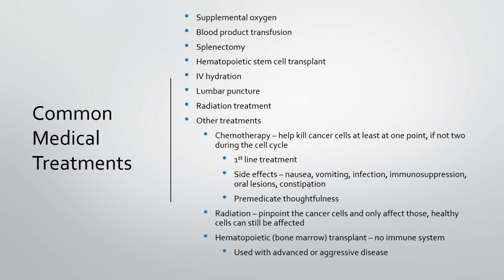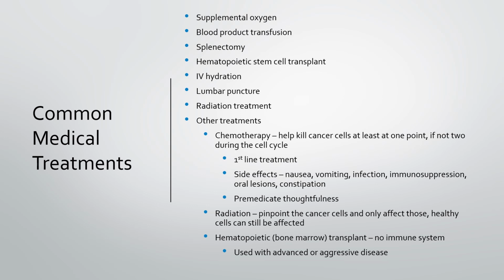Lumbar puncture is getting some of that CSF to determine if any metastasis has occurred. Radiation treatment targets solid tumors, leukemia, lymphoma. Other treatments: chemotherapy helps kill cancer cells at least at one point, if not two, during the cell cycle. It's usually the first line of treatment, and then stem cell transplant.